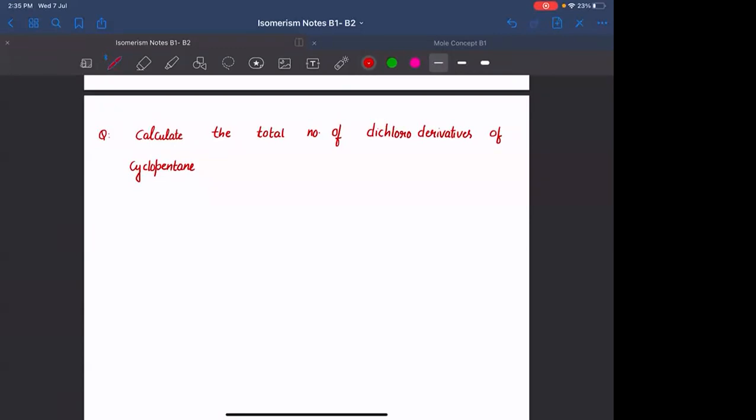That will give you a dichloro derivative. You are deriving that compound by replacing 2 hydrogens with 2 chlorines. Okay. You need to count stereoisomers also. मतलब वो chiral है तो उसका 2 compounds रहेगा. Stereoisomers also.